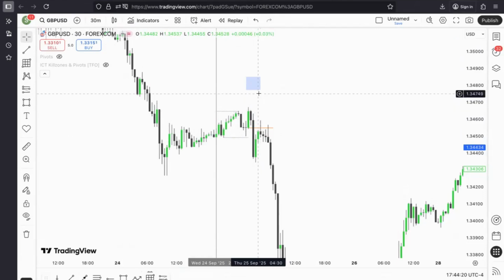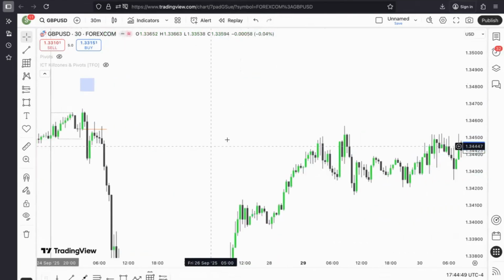So once it manipulates to that high within that time zone, even if it happened around 5 a.m., and from 6 it starts to expand towards the opposite direction, if you find an adequate expansion towards the opposite direction, you can still decide to take it. But ensure that that time window sponsors the raid on liquidity to the upside before expansion to the opposite direction. So that's pretty much it on this.